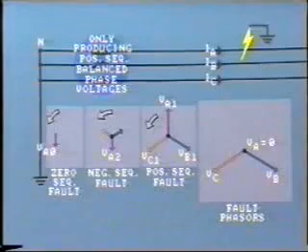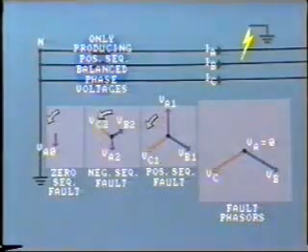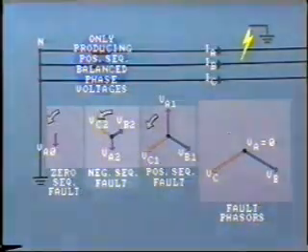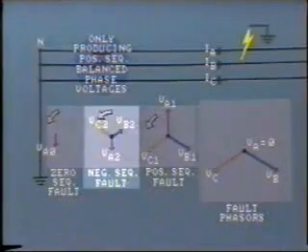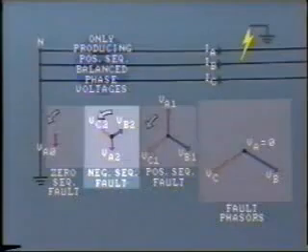Now that we have placed VA2, we can draw in the other two negative sequence voltages, that is VB2 and VC2. We know that these components are 120 degrees apart. They are equal in magnitude and rotate with the phase sequence ACB.